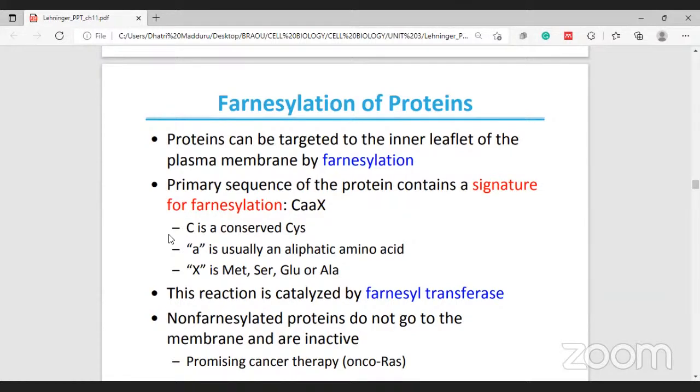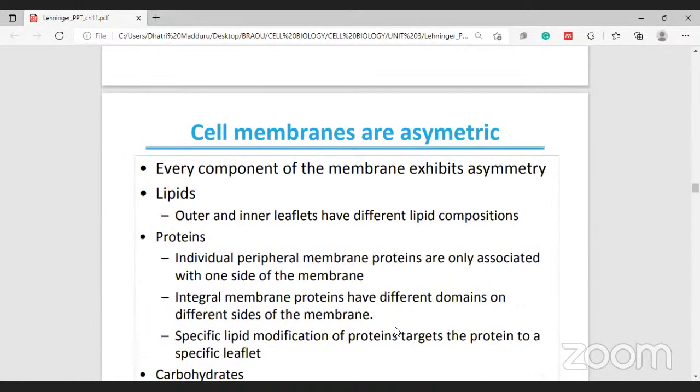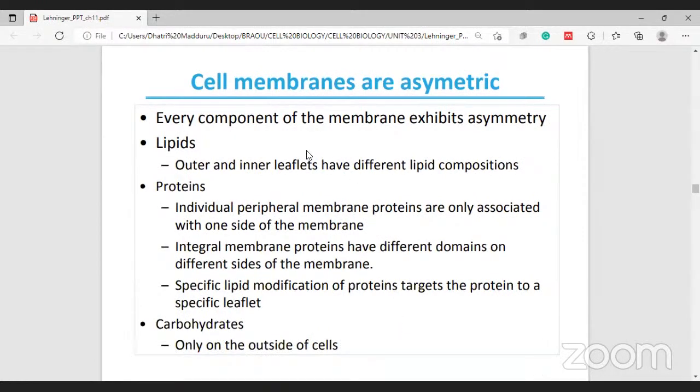And those proteins which do not have this particular segment CAAX are non-farnesylated proteins, which cannot be inserted in the membrane and therefore they are inactive. So these are especially important in cancer therapy.